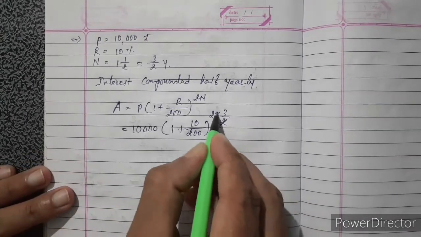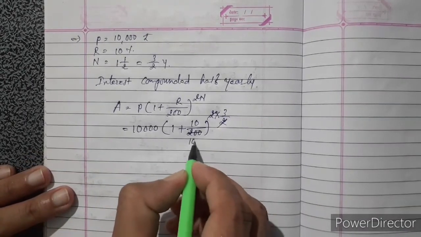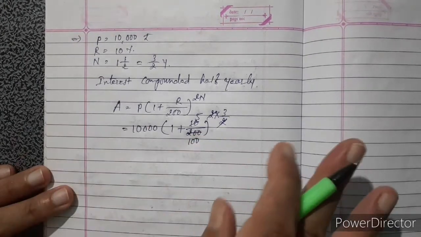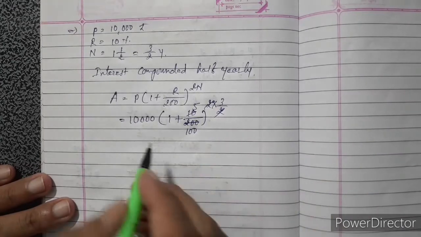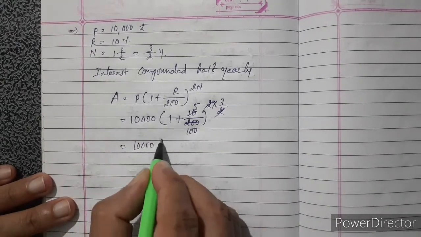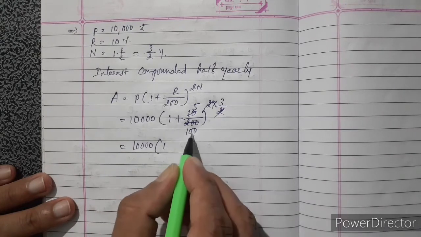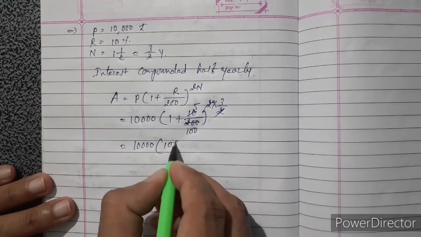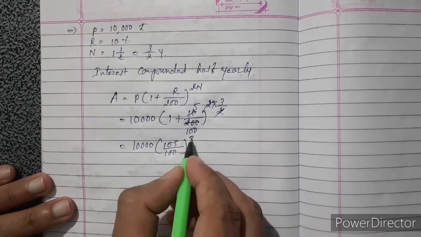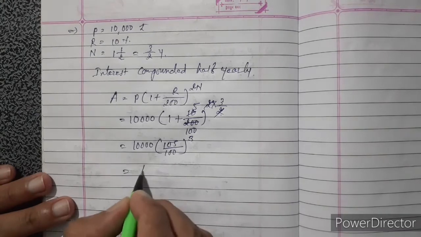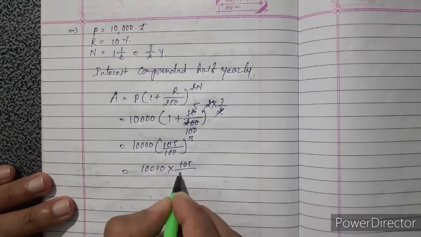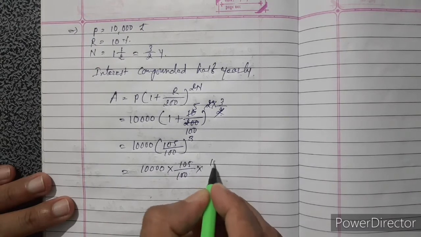Here 2 cut, 100 twos, and here 5 twos. So 10,000 into bracket 100 plus 5, that is 105, divided by 100, raised to 2 cuts, so here 3 is left. So 10,000 into 105 upon 100, 3 times.